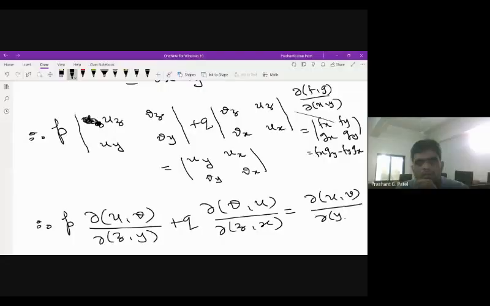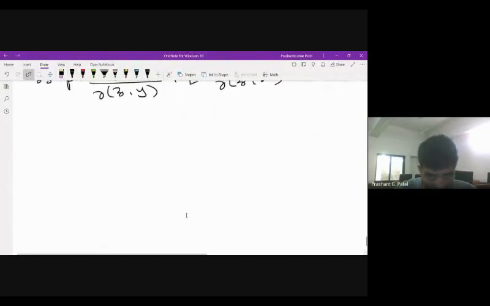So this is the equation we got, which is a first order partial differential equation, satisfying the equation F of u, v equal to 0, eliminating this function F from this.